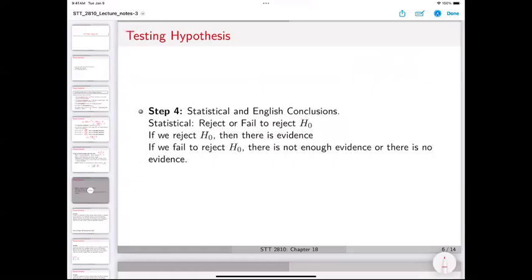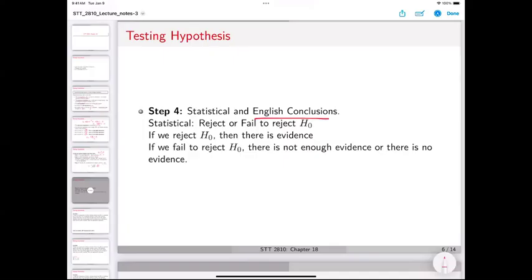After we have done this, the next step is to make a statistical conclusion, and after we make the statistical conclusion, we also make an English conclusion. So these are the 4 steps in hypothesis testing.